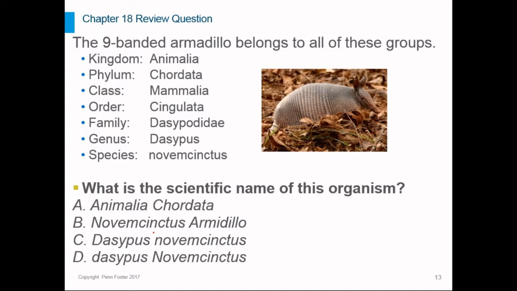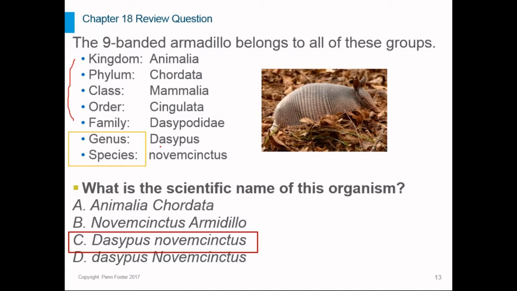All right, so when we name an organism, the scientific name is based on its genus and species. All of these other words are important for classifying it, but they're not part of its official scientific name, just genus and species. So that means its name is going to be Dasypus novemcinctus. Sorry, it's a little hard to say.